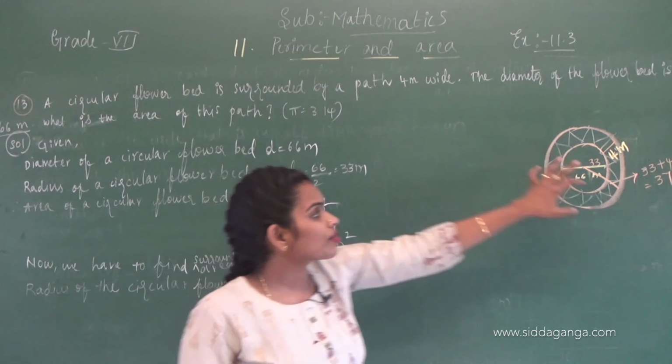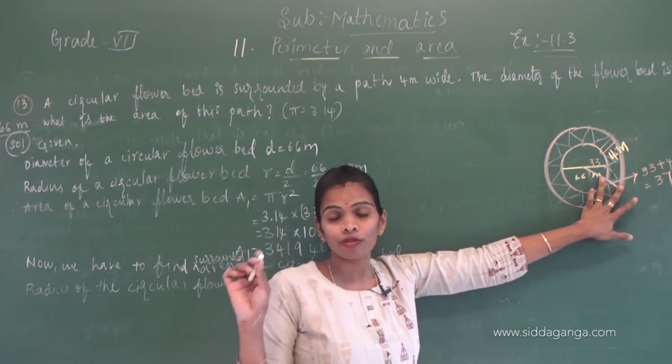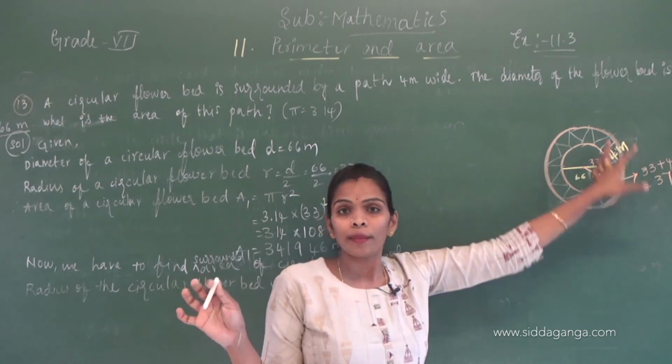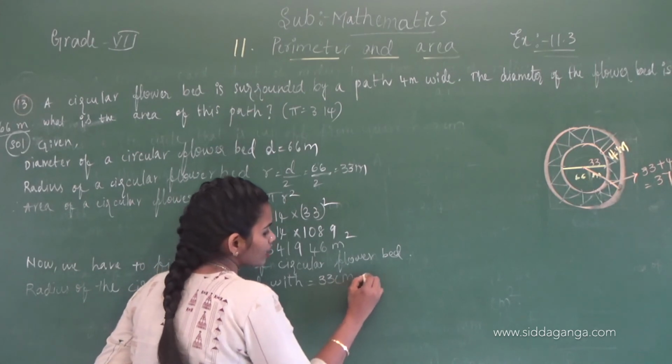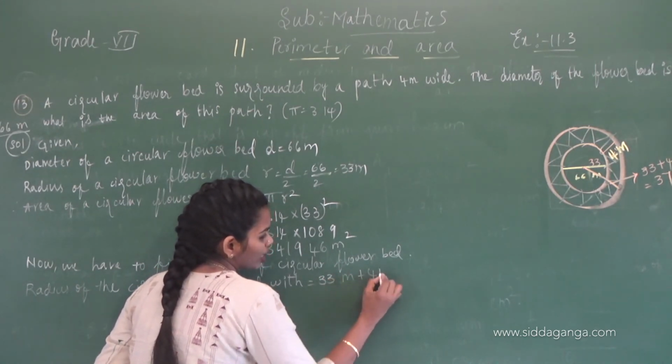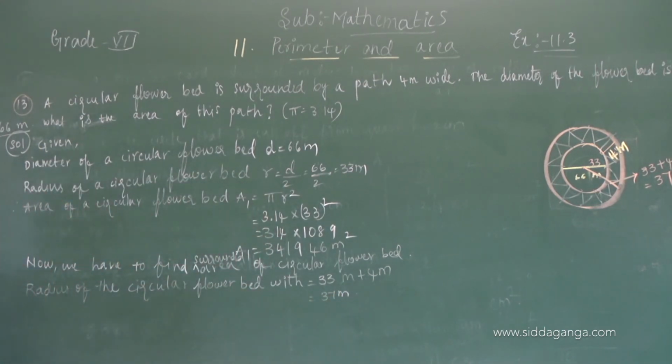What is the radius of a circular bed with path? 33 meters plus 4 meters of path, that is equal to 37 meters. If you know the radius, then we can find the area.